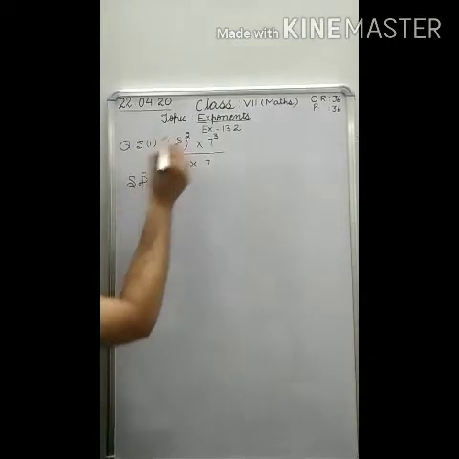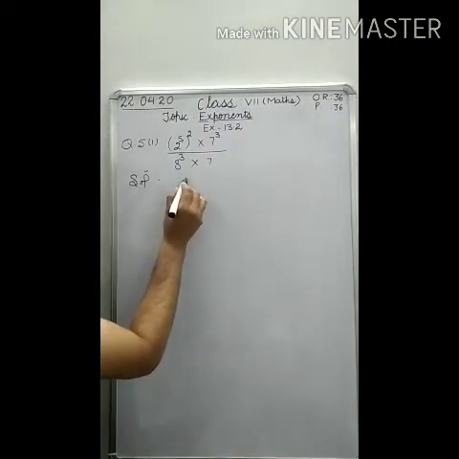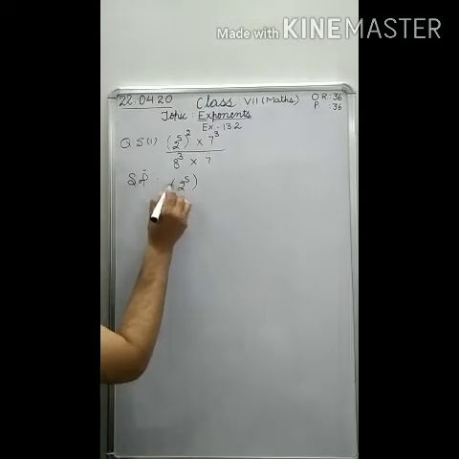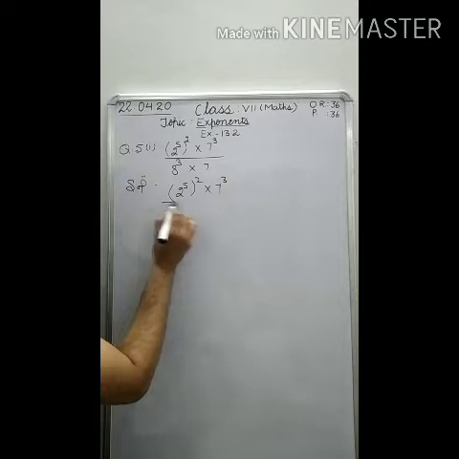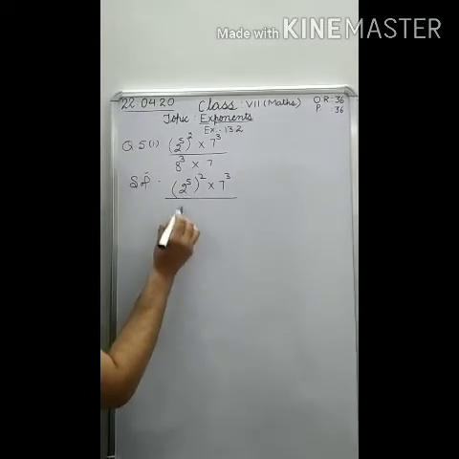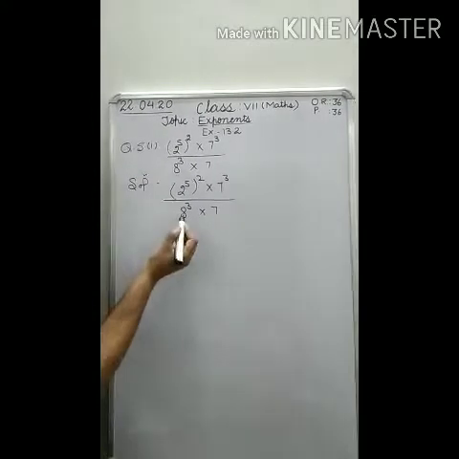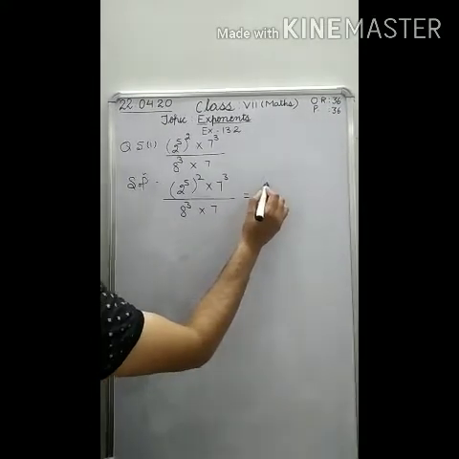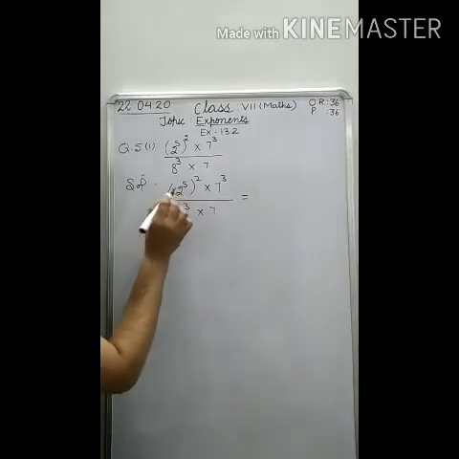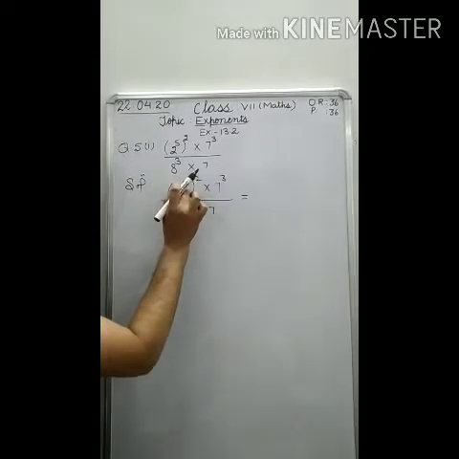So this can be written as, first of all, write the statement as it is: 2 raised to the power 5, whole raised to the power 2, multiplied by 7 raised to the power 3, upon 8 raised to the power 3, into 7. So first of all, you modify this. Here you can apply the identity x raised to the power m, whole raised to the power n.